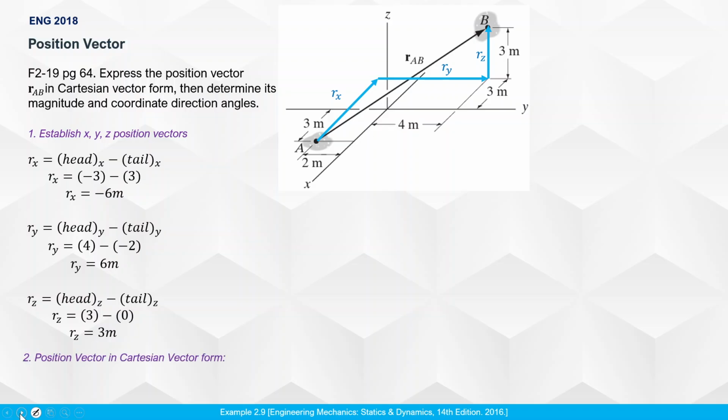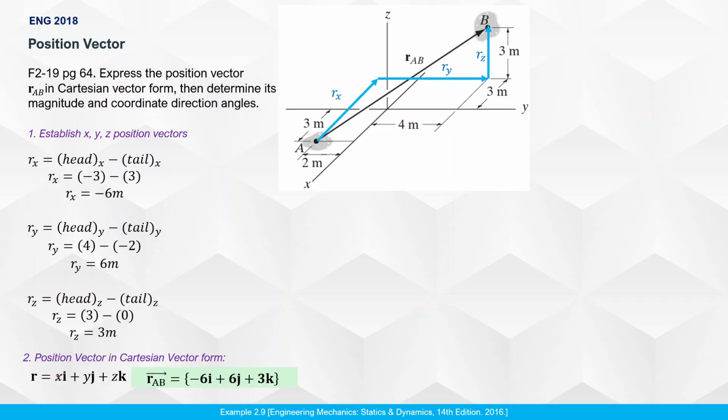Okay? Ngayon, we now convert them into Cartesian vector form. And recall, yung Cartesian vector form is simply RAB, or position vector R, is Rx times I plus Ry times J, and then plus Rz times K. So mangyayari na, RAB is simply equals to negative 6I plus 6J plus 3K.